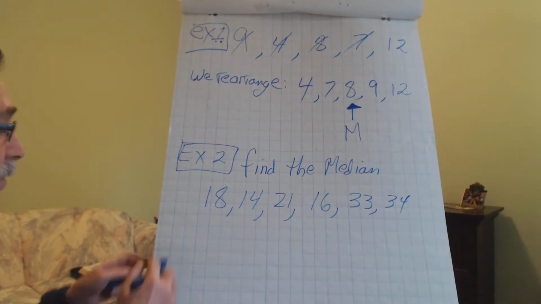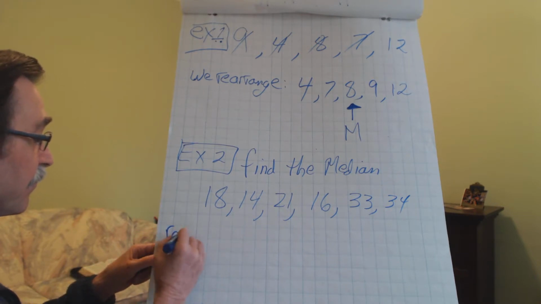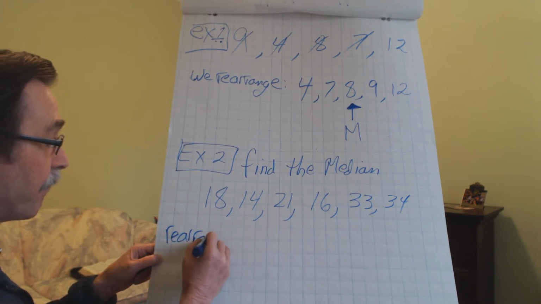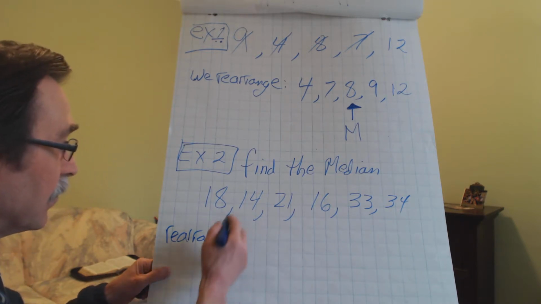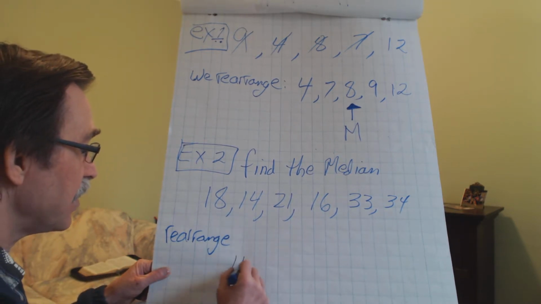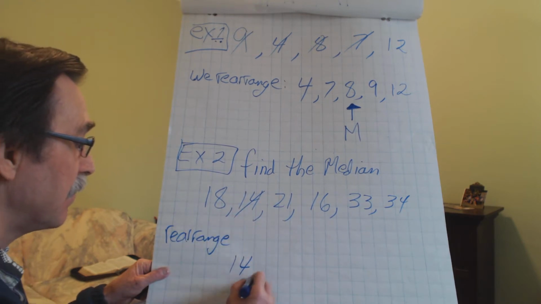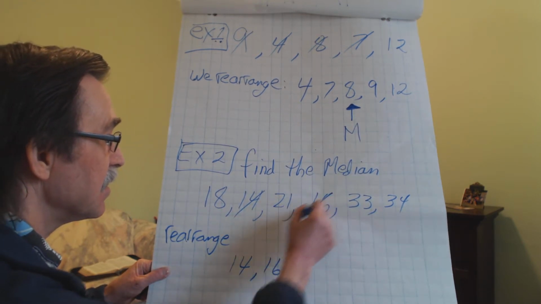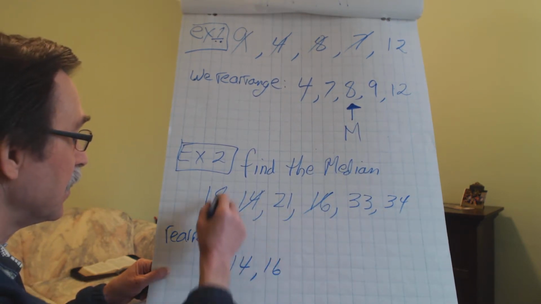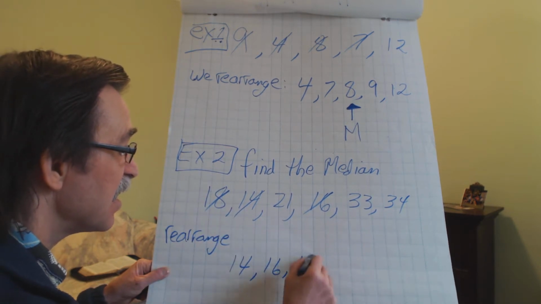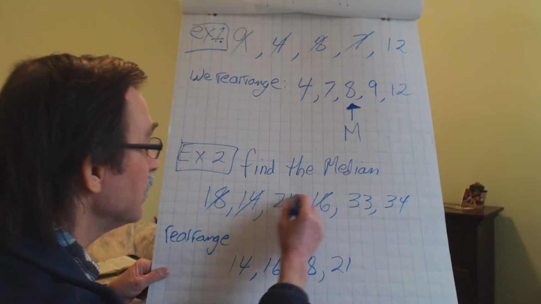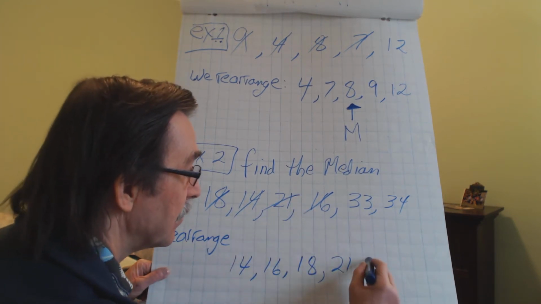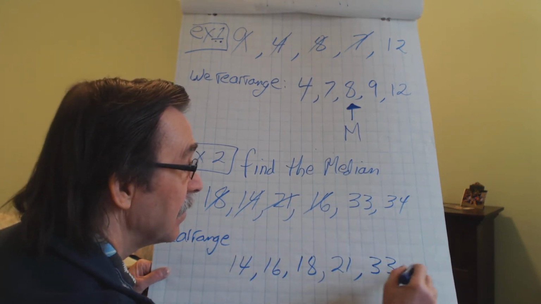Okay, so I'm going to rearrange. And looks like my lowest number is 14, followed by 16, then 18, 21, and the last two numbers are in order already.